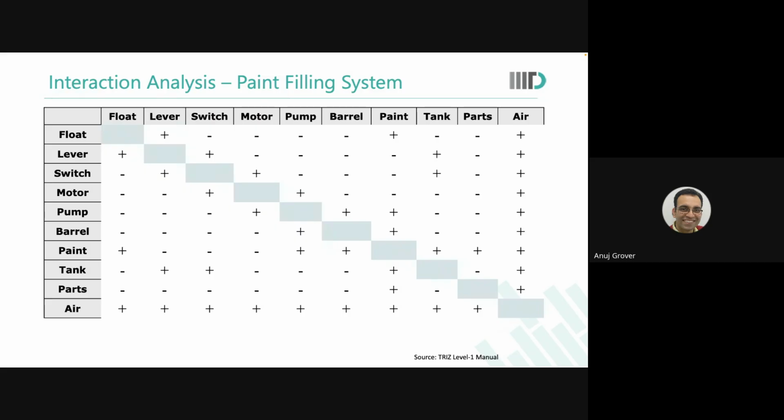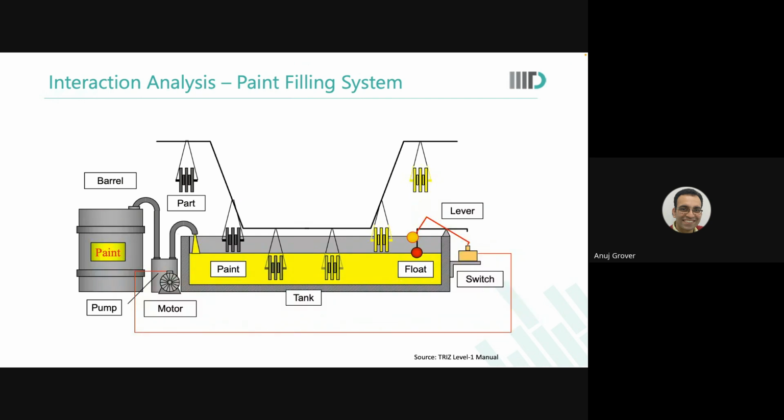How is the switch touching the motor? Okay, let's look at it, because switch turns off the motor. The switch, wire we did not identify as a component. So this is a nuance.